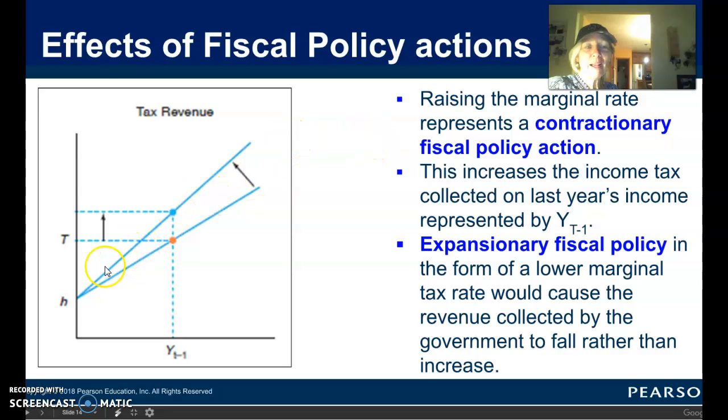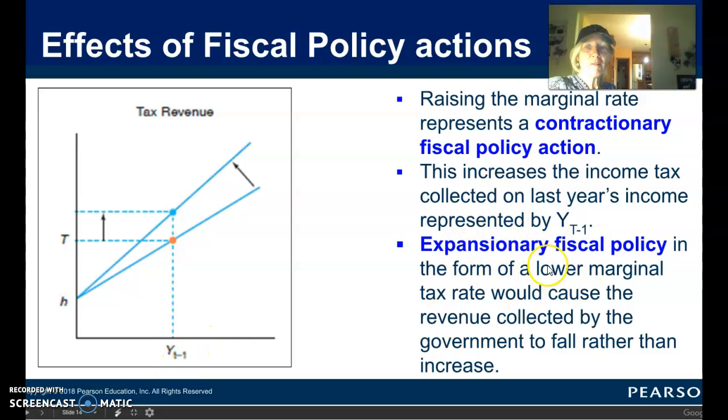So basically what this slide is showing you is money supply. And so if you raise the marginal rate of taxes, that's considered contractionary fiscal policy. It increases the income tax collected on last year's income, which is represented by this YT1.